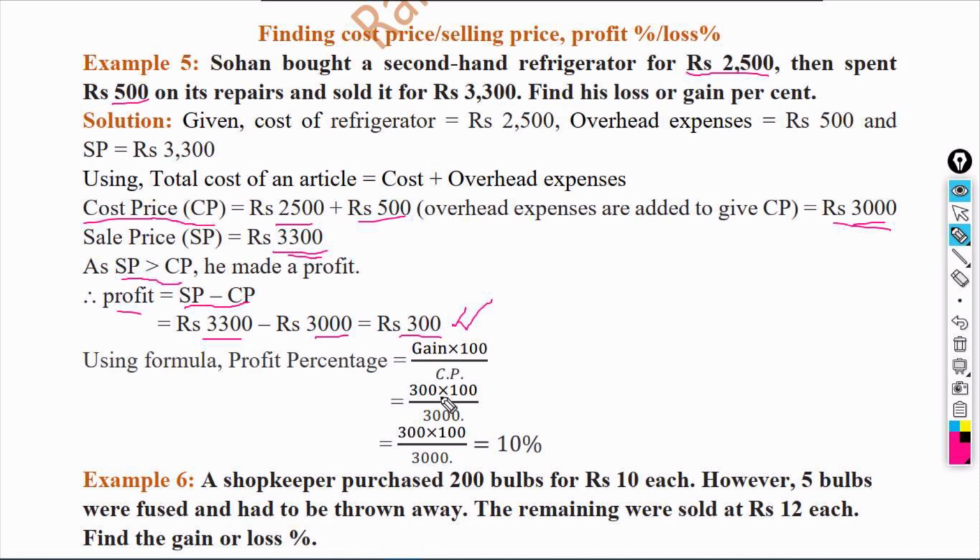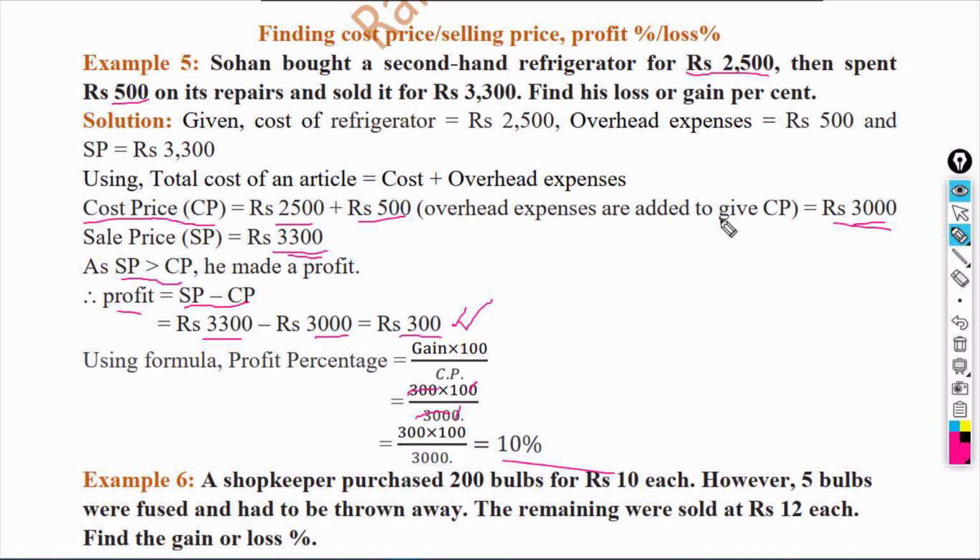Then 300 into 100 by 1000, cancel 10 from here, and 300 and 300 from numerator and denominator. It will give 10%. Then there is a gain of 10%.